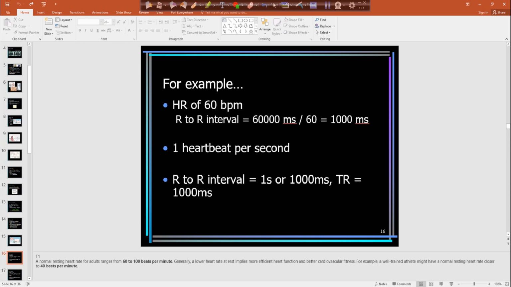So a TR of 1,500, could that be a T1? Our TR is too high for a T1. Remember, we want our TR to be about 300 to 700 for a T1. So you can see how sometimes you have to wait a couple R wave intervals to get an appropriate T2.